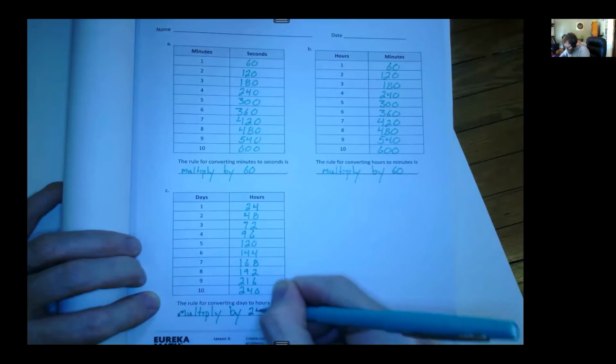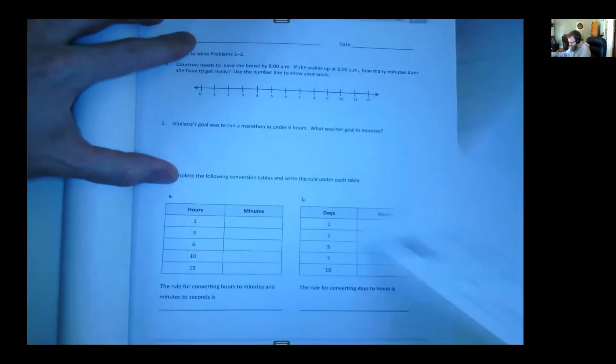The rule for converting days to hours is multiply by 24. Hold on to page 127. We're going to use it to help us complete the problem set today.